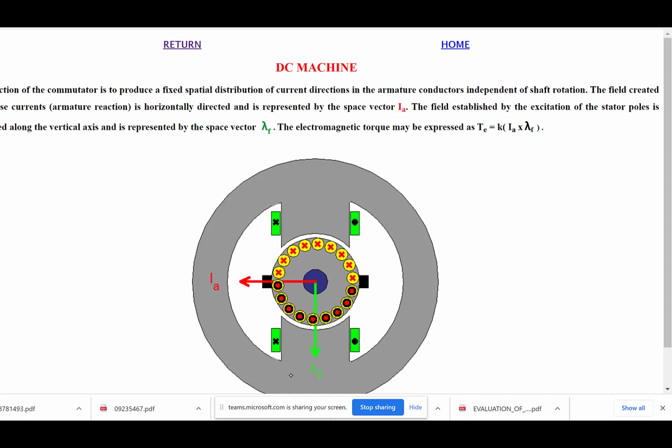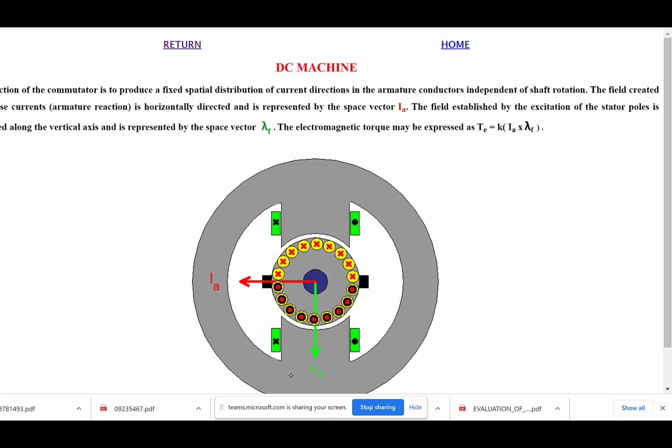And so what this means is that the field MMF dictates, and the field MMF shape even, which we're going to get to today, dictates pretty much the air gap flux shape itself. And so we have in this little gap here, I don't know if you can see my cursor.